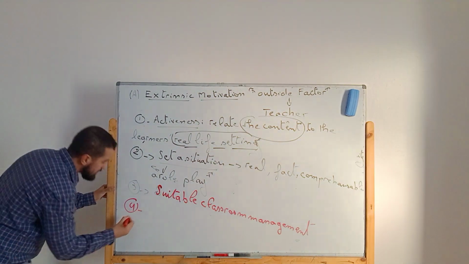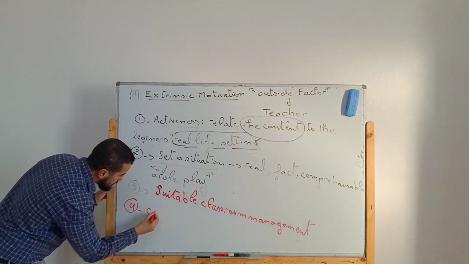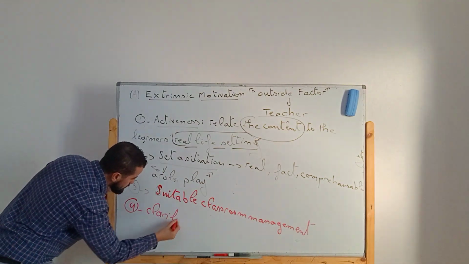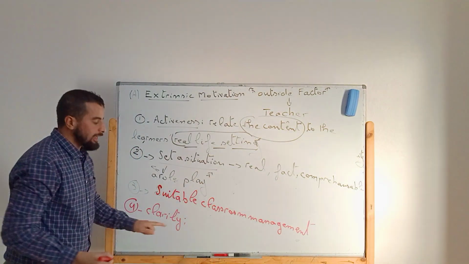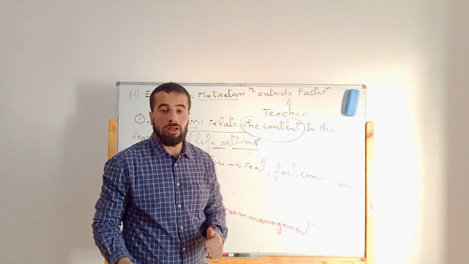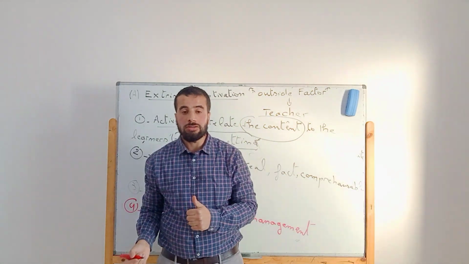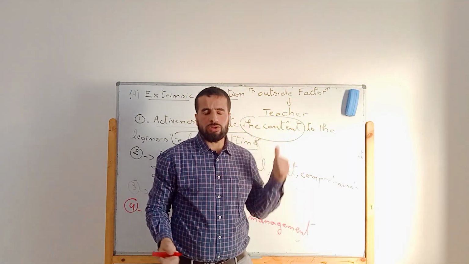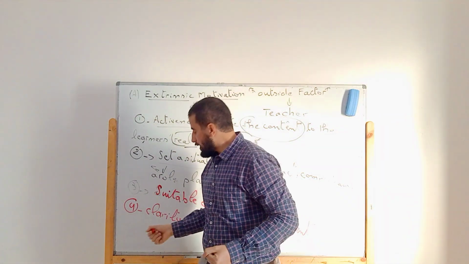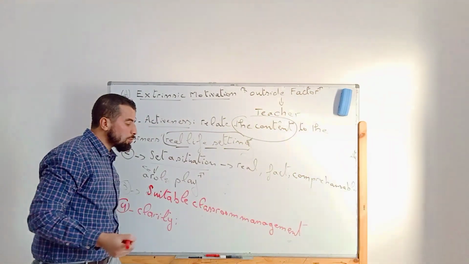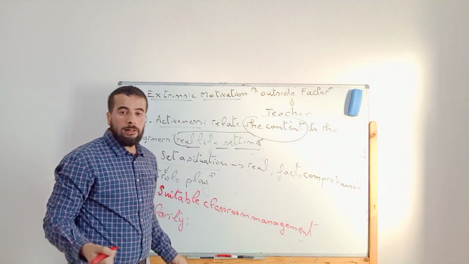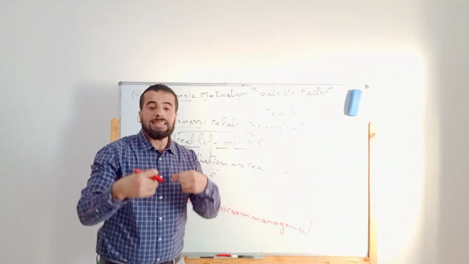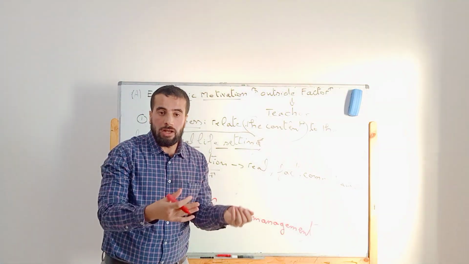What is called clarity. In the clarity, what you need for extrinsic motivation, we need clarity in order to provide an easy instruction for learners.